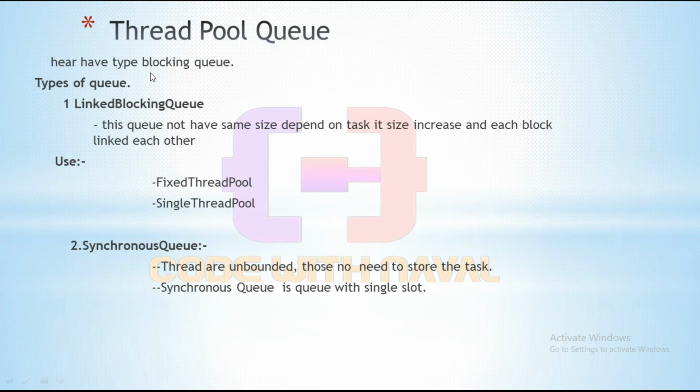We don't define that I need to use a linked blocking queue or a synchronous queue. The JVM decides which queue should be used depending on our requirement and our thread pool. A synchronous queue is a queue with a single slot. In a linked blocking queue we have multiple slots and multiple tasks stored at the same time, but the synchronous queue has only a single slot and stores only a single task.